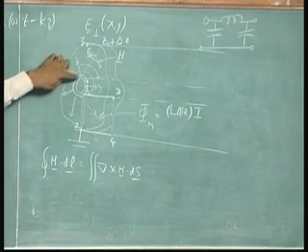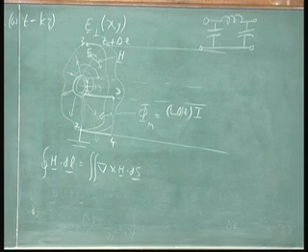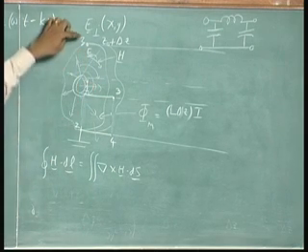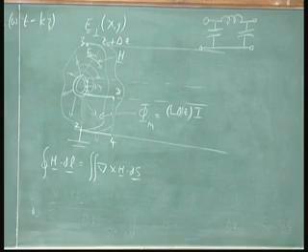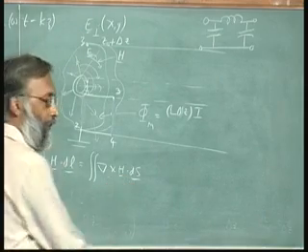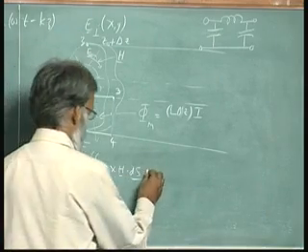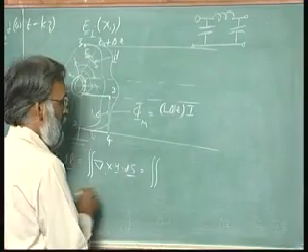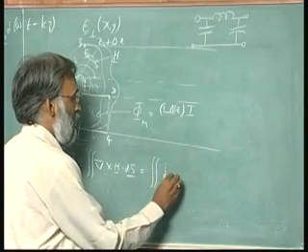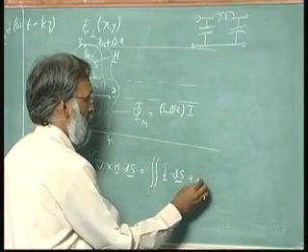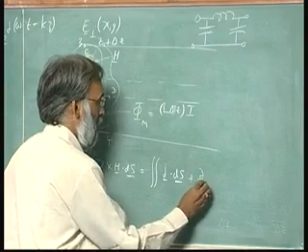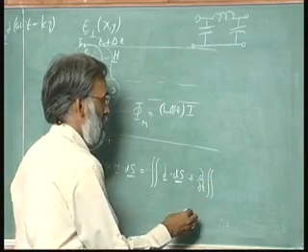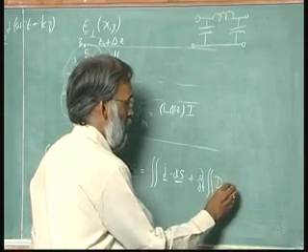So, this is curl of h on this surface. This surface is in the xy plane because it is all at z equals z naught. Let me apply Maxwell's equation here. It is equal to surface integral j dot ds plus del del t of surface integral d dot ds.